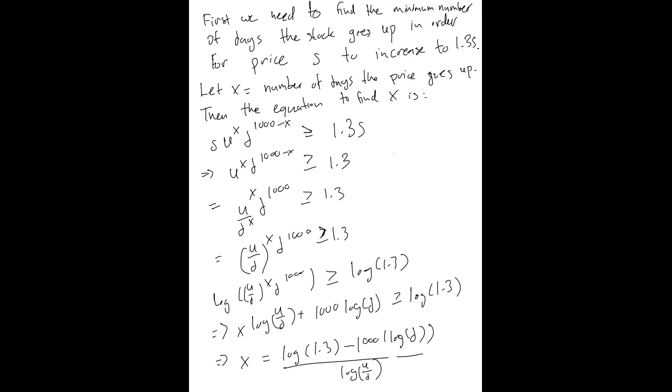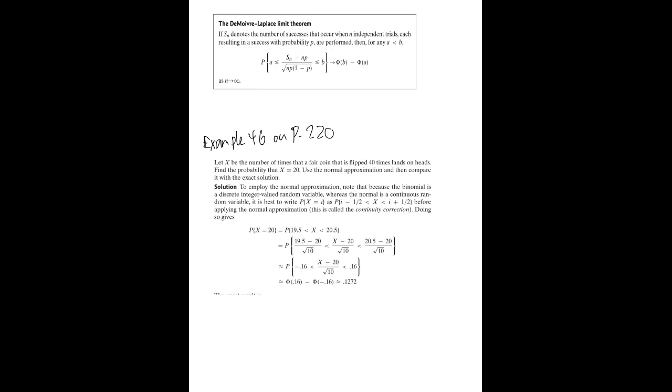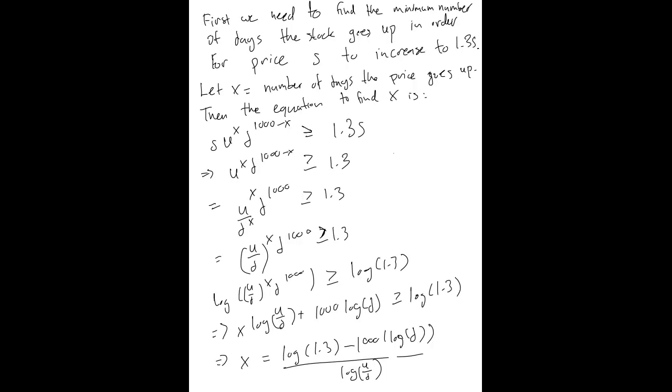Anyway, first we need to find the minimum number of days the stock goes up in order for the price S to increase to 1.3S, because it's 30% up. So let X equal the number of days the price goes up. The equation to find X is S u to the X d to the 1000 minus X is greater than or equal to 1.3S.